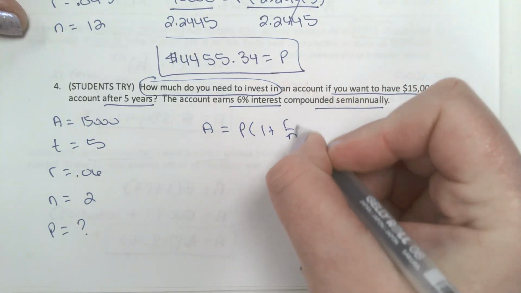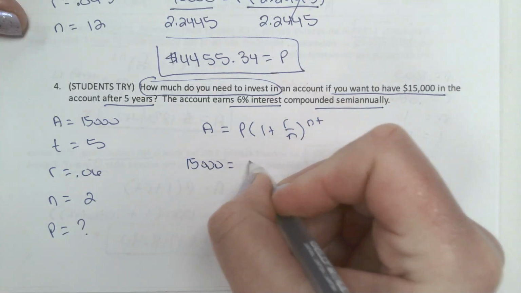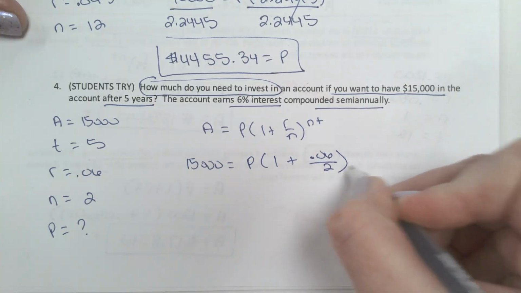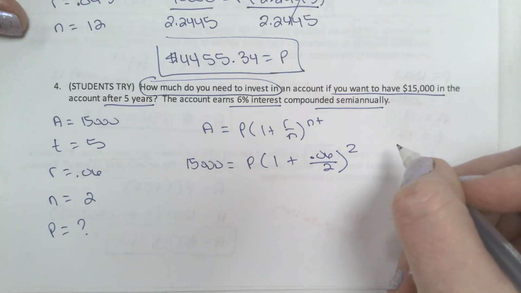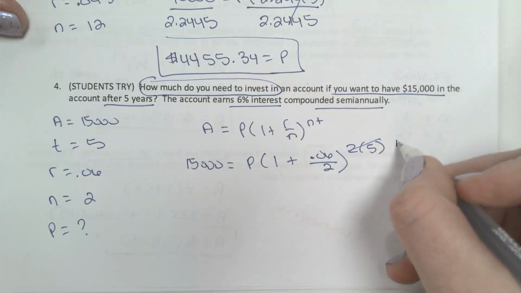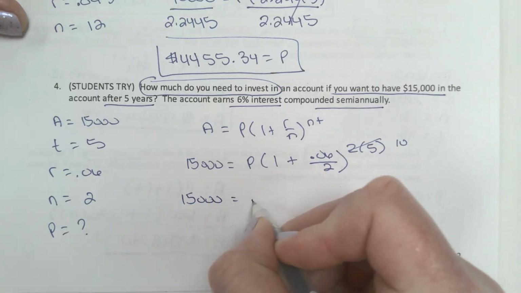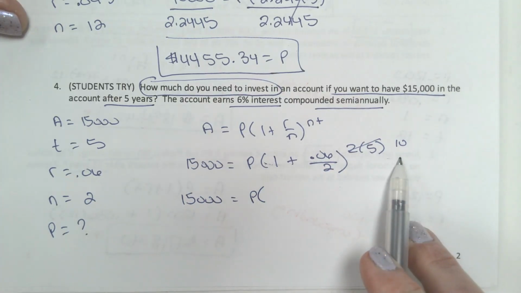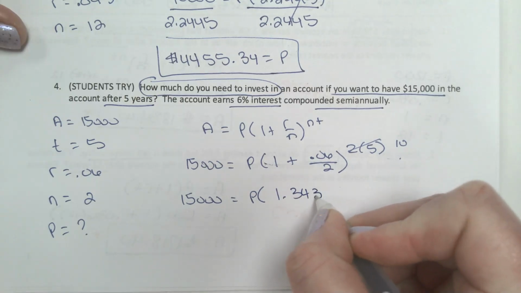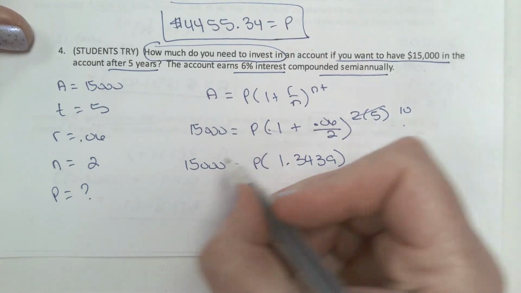1 plus R divided by N to the NT. So my 15,000 goes there. The rate is 0.06 divided by 2. 2 times 5. 2 times 5 is 10. I entered all this in my calculator, and I got 1.3439 when I rounded to 4 decimal places.